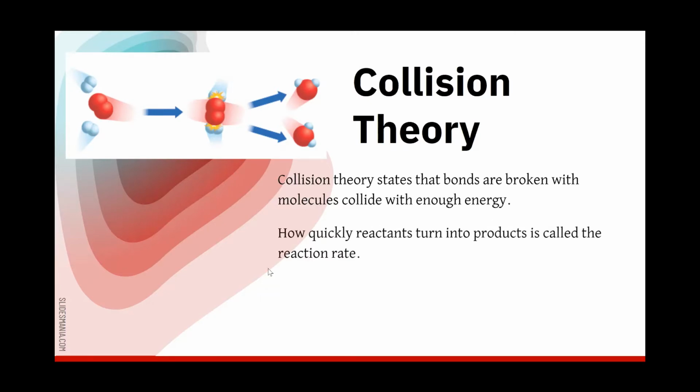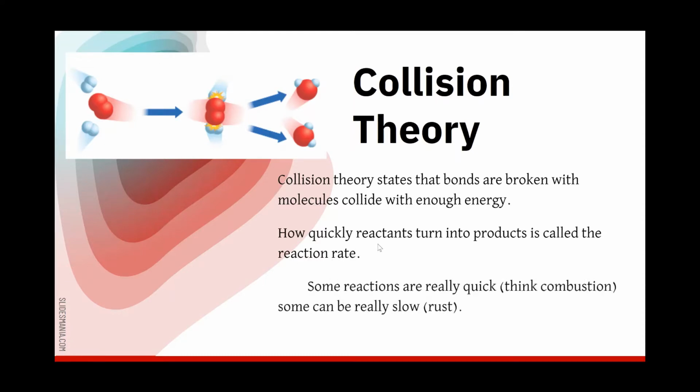Well, how quickly that happens is called the rate of the reaction. Now, some reactions can take a long time, and some reactions can happen pretty quickly. So for example, if you were to light a match, that's a pretty quick reaction. That happens, in our eyes, almost instantaneously. So think combustion. However, some reactions can definitely take a little bit longer and are a little bit slower.